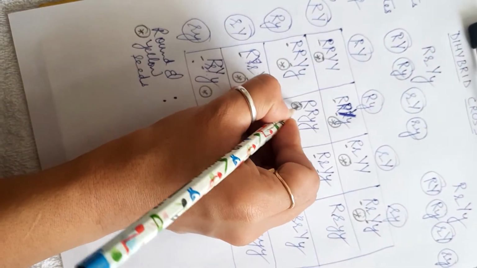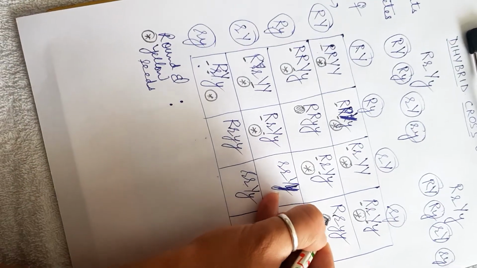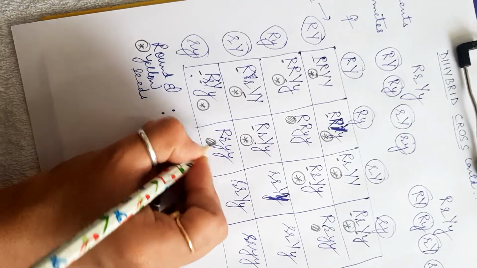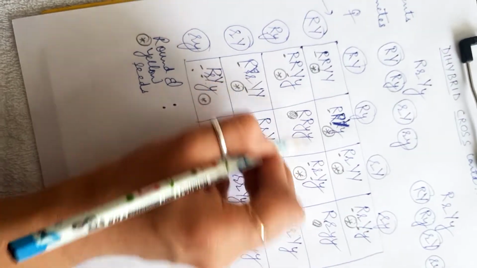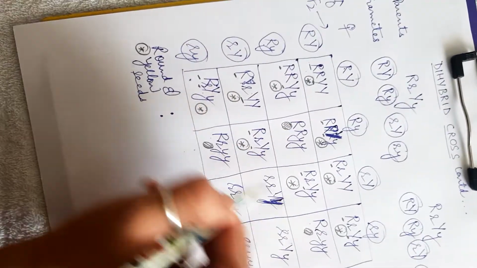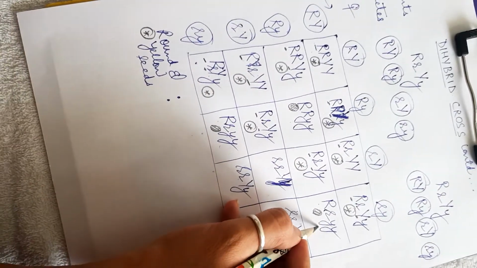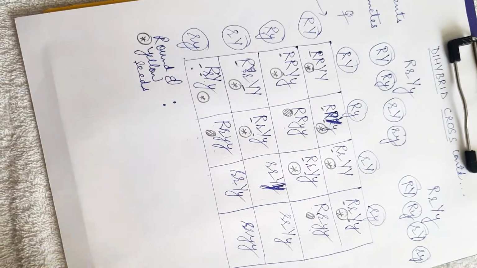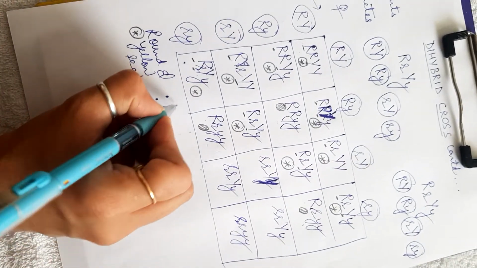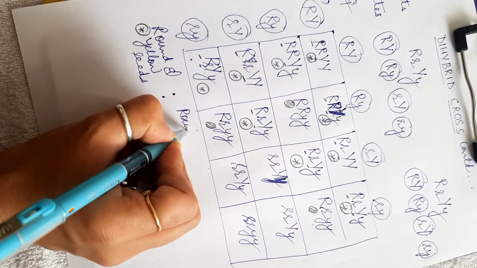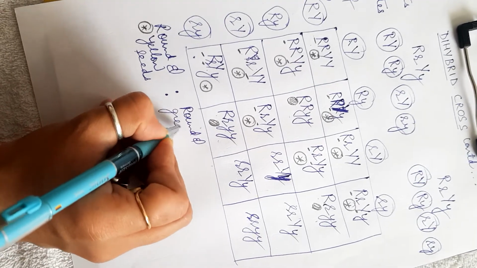But in these, where these balls are made, capital R means round. In all three cases, you have one capital R, but the Y's are small. So when Y's are small, you will have green. So this will be your round and green seeds.